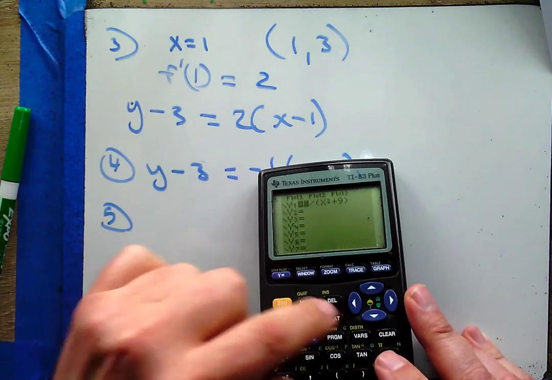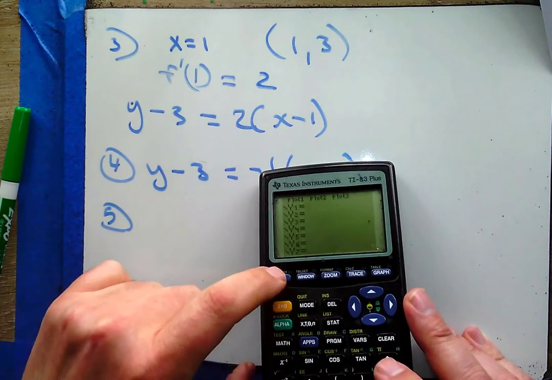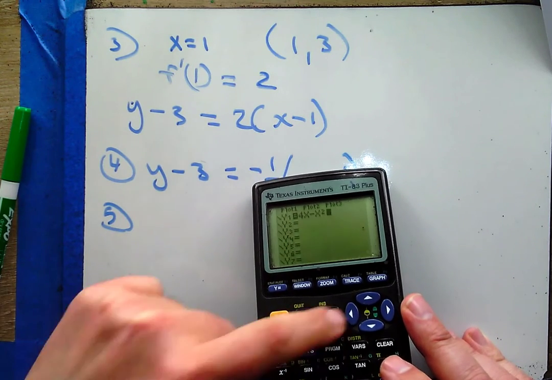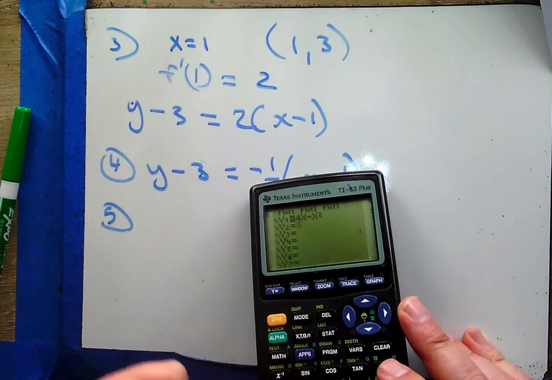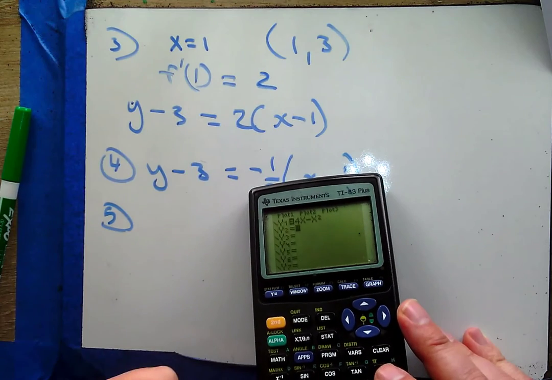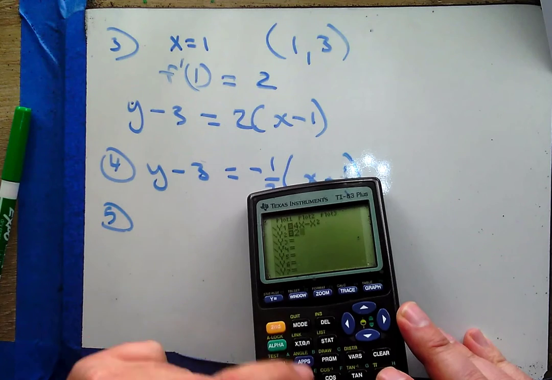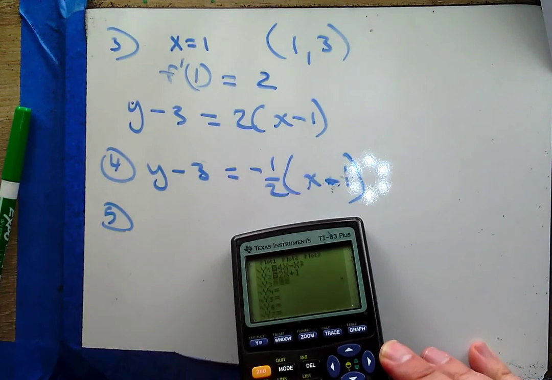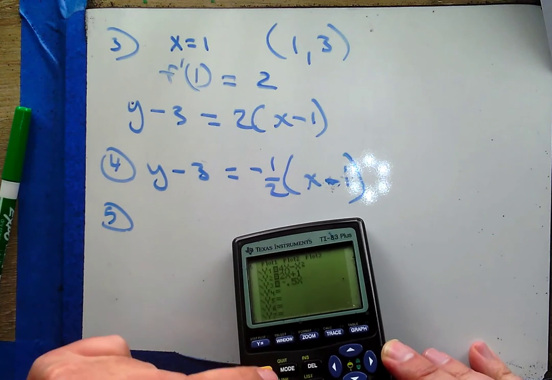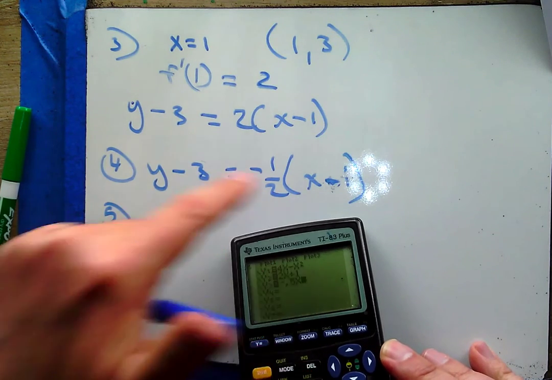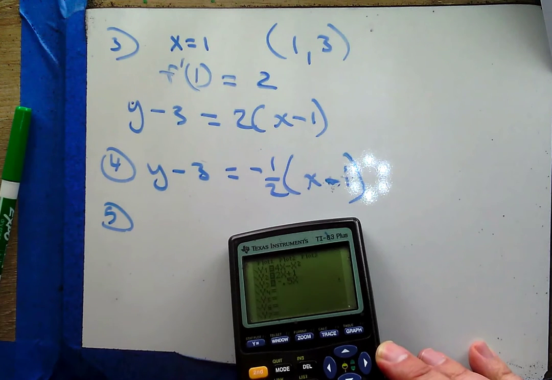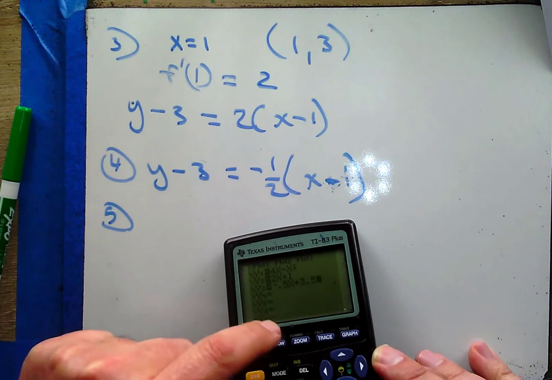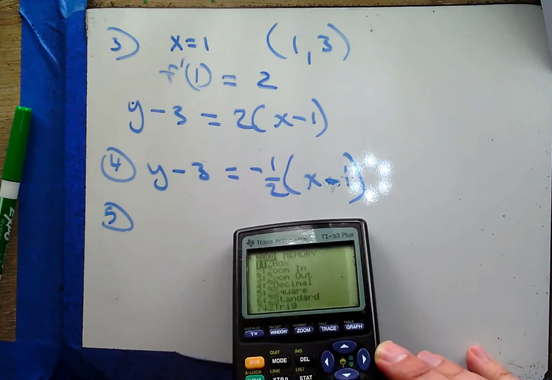Okay, so we're going to type in 4x minus x squared into y1, and 2x plus 1 here. And then finally, negative 1/2 x plus a half plus 3, or 3.5. Okay, and let's zoom standard.